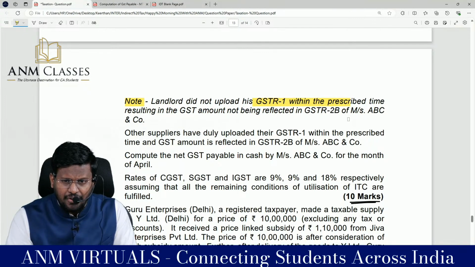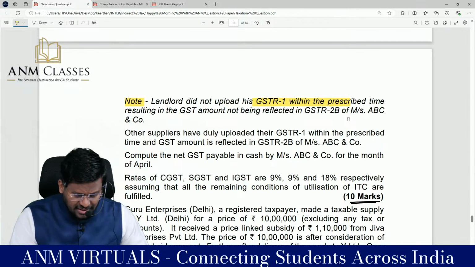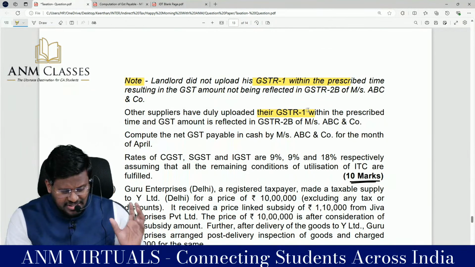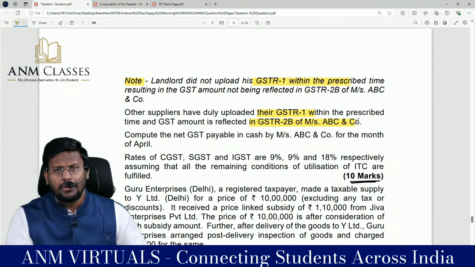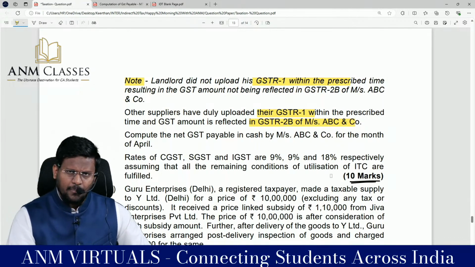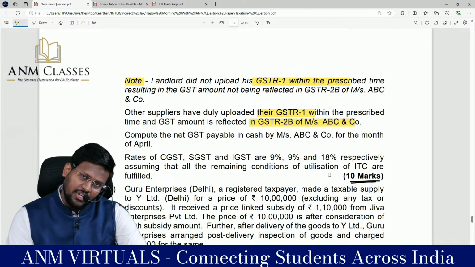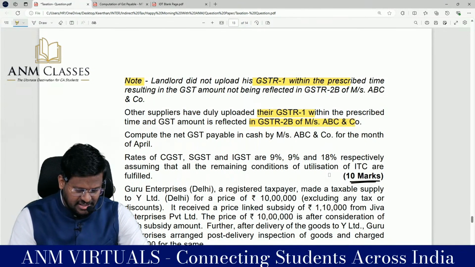Once it is not reflected in GSTR-2B, ITC cannot be taken. Other suppliers have duly uploaded their GSTR-1 within the prescribed time and the GST amount is reflected in GSTR-2B of M/s ABC and Co. That means for other items, we are entitled to take credit, but if it is not reflected in GSTR-2B, we can't take it as ITC.